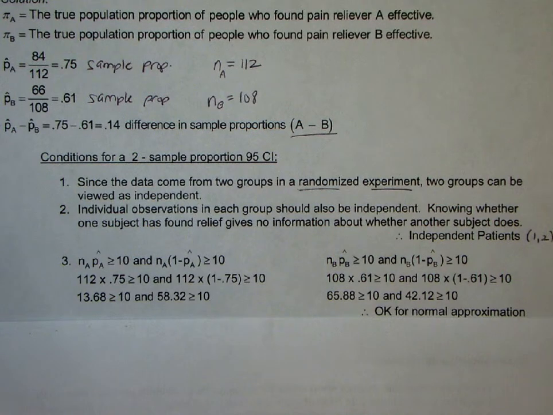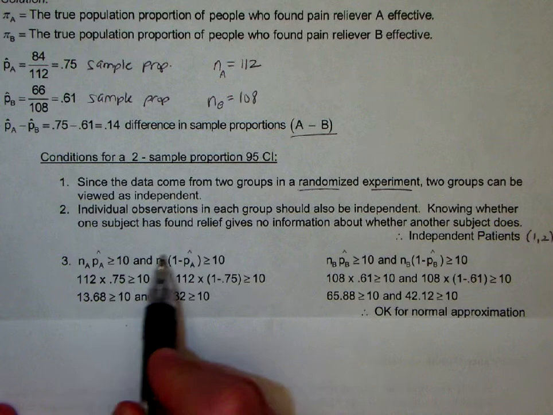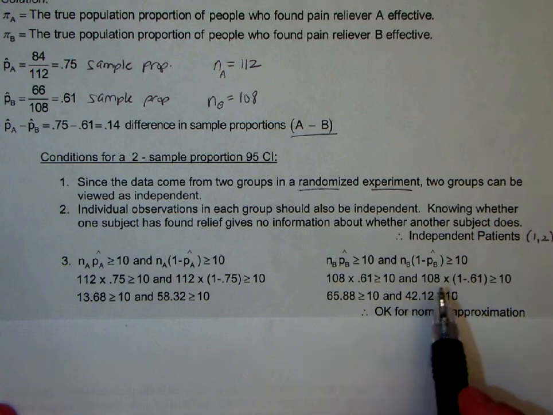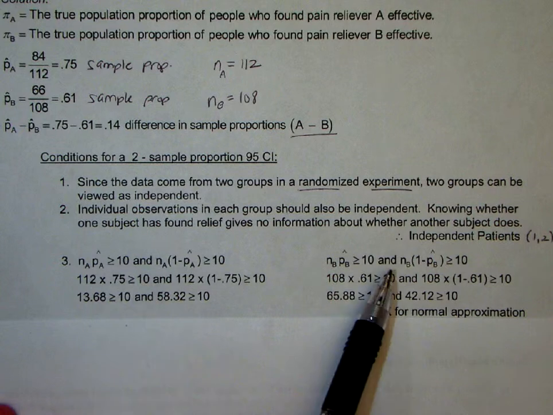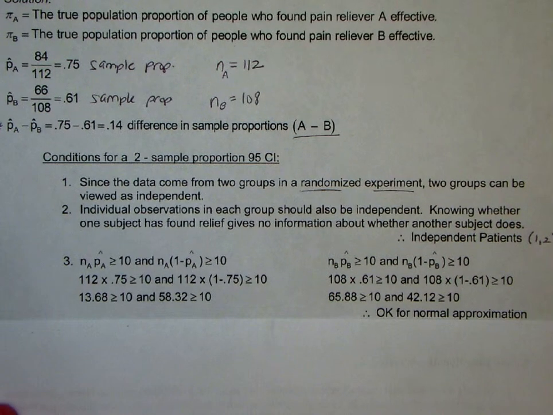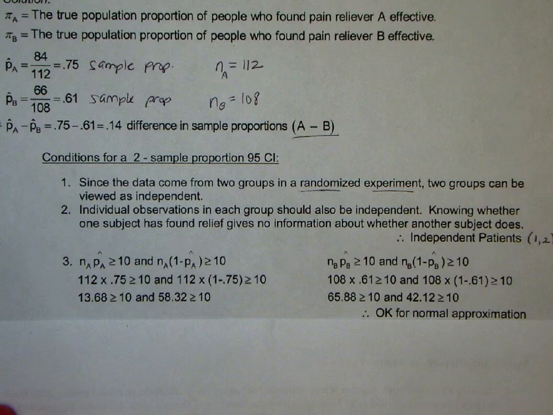So if this is working, and what this is checking is that you've got a normal curve here, you have a normal curve here, and what we're going to do is bring these two distributions together onto one normal curve that's all about the differences. So we are therefore okay for a normal approximation.